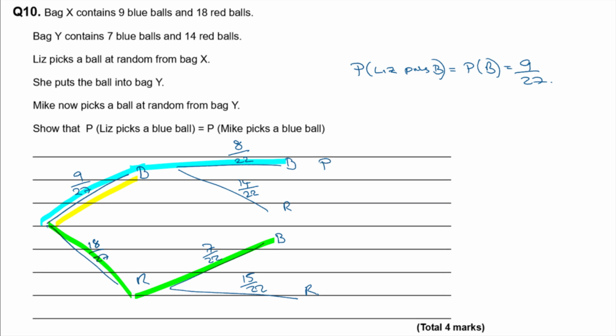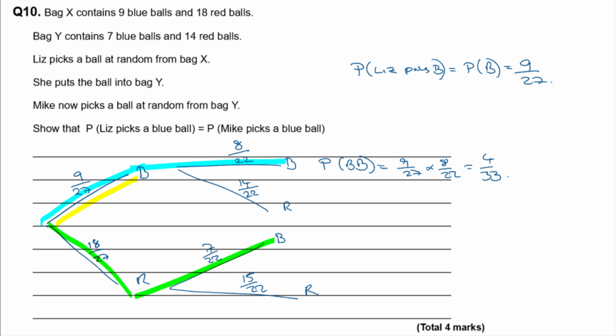So the probability of blue, that's 9 over 27 times 8 over 22. I am going to cancel this down because I need to compare it with other things at the moment, so I'm going to do it properly. 8/22, that comes out to be 4/33.